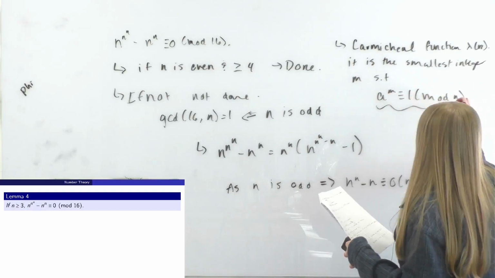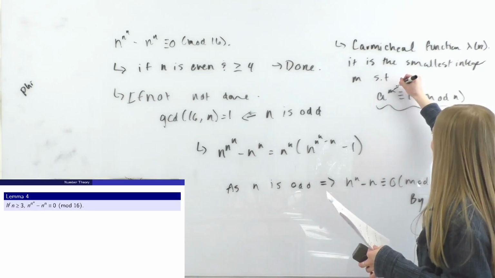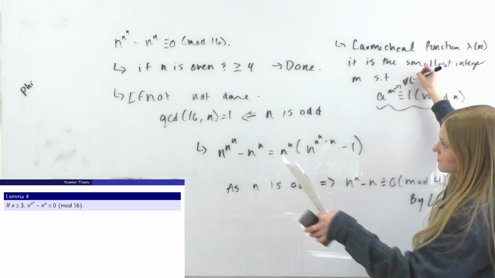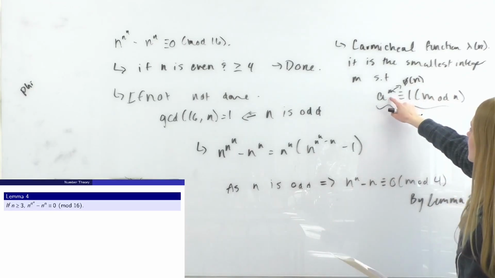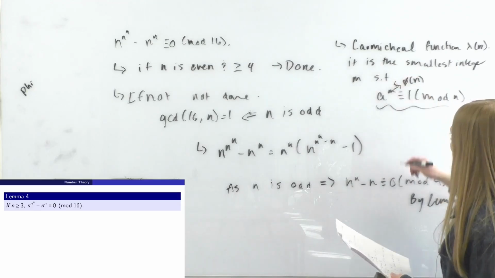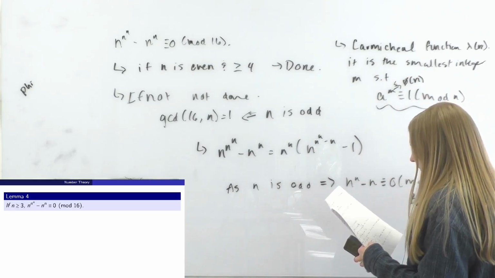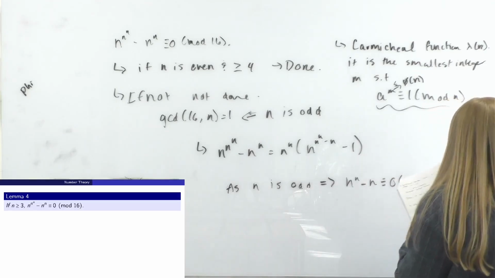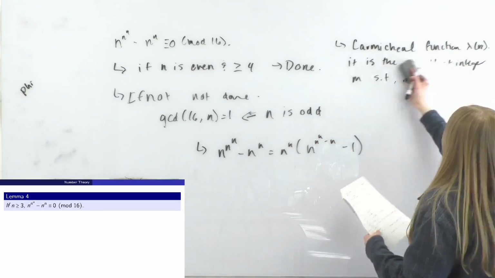It's basically a reduction of Euler's quotient theorem, where before this was phi of n, but this is m, and they're not necessarily going to be the same. This is less than or equal to.